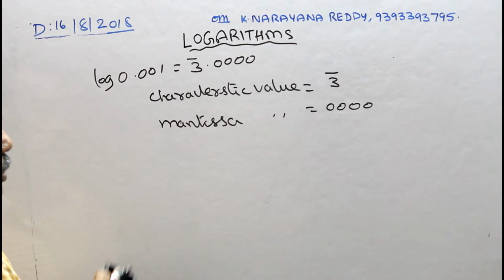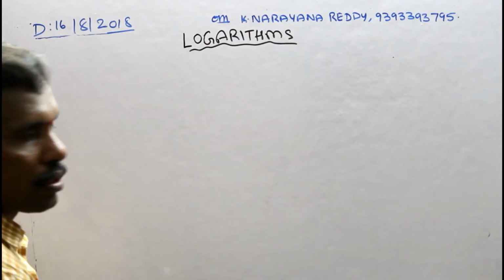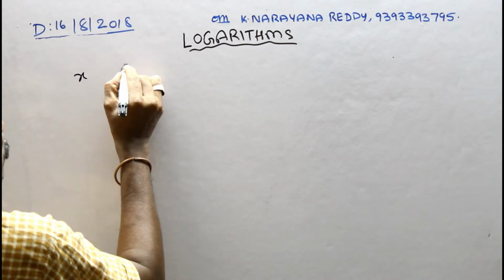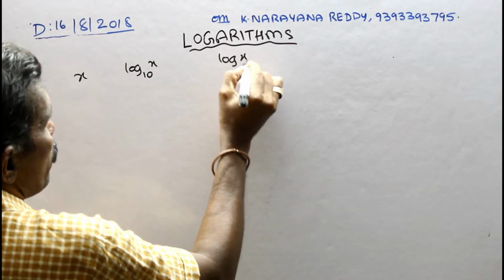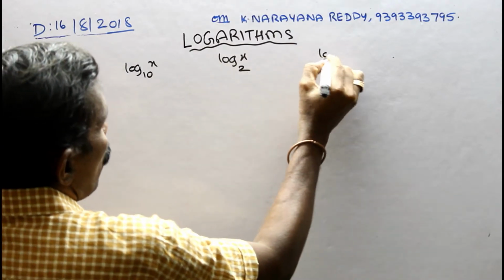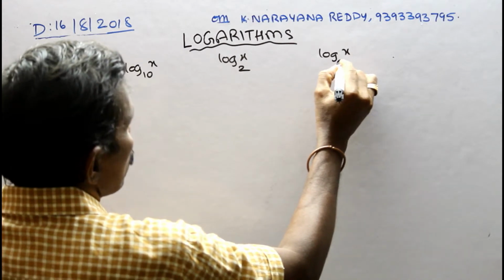Okay, some differences are there between these three types of logarithms. X value, log x to the base 10, log x to the base 2, log x to the base e.